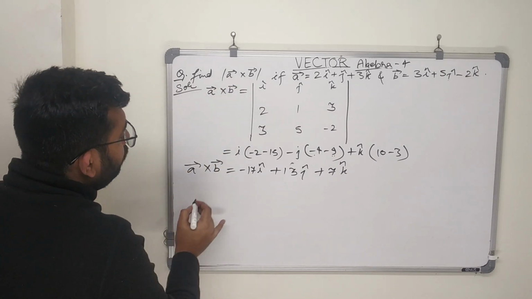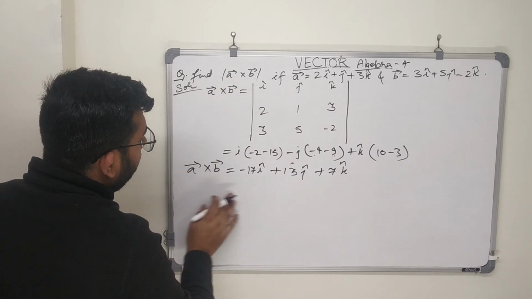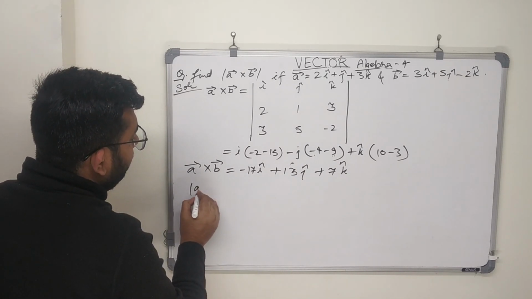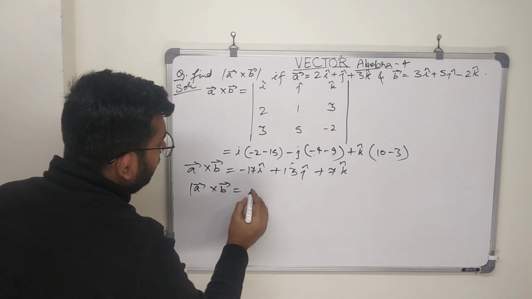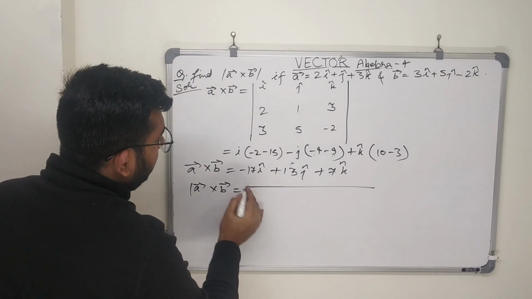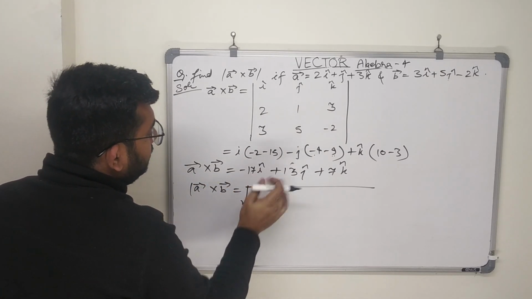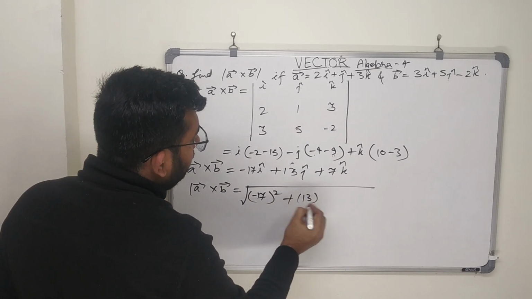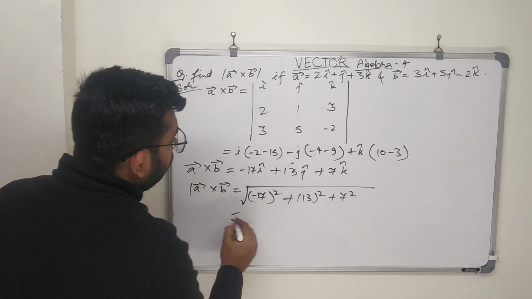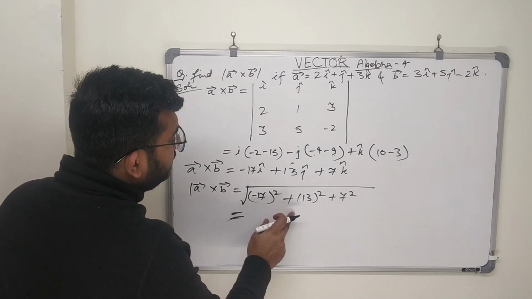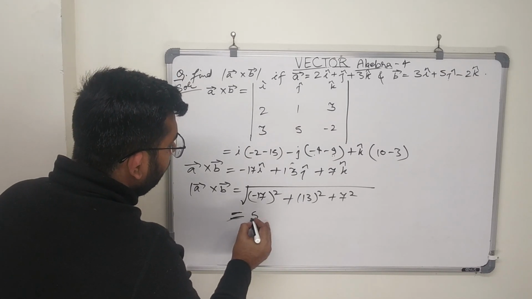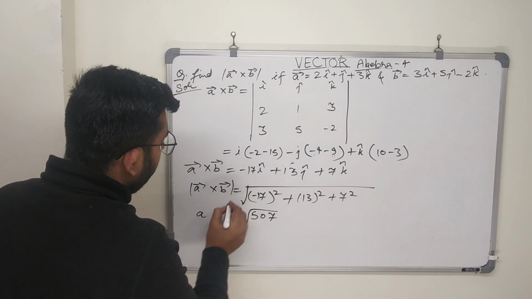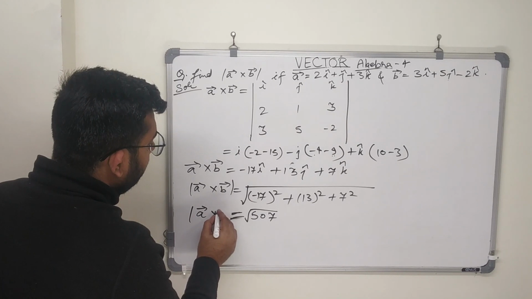Now finding the magnitude of this, we have to apply the same concept of finding magnitude, that is A vector cross B vector will be equal to under root of the scalar components of this, that is minus 17 squared plus 13 squared plus 7 squared. So on solving this calculation we will get the answer as under root of 507, that is equal to the magnitude of A vector cross B vector.